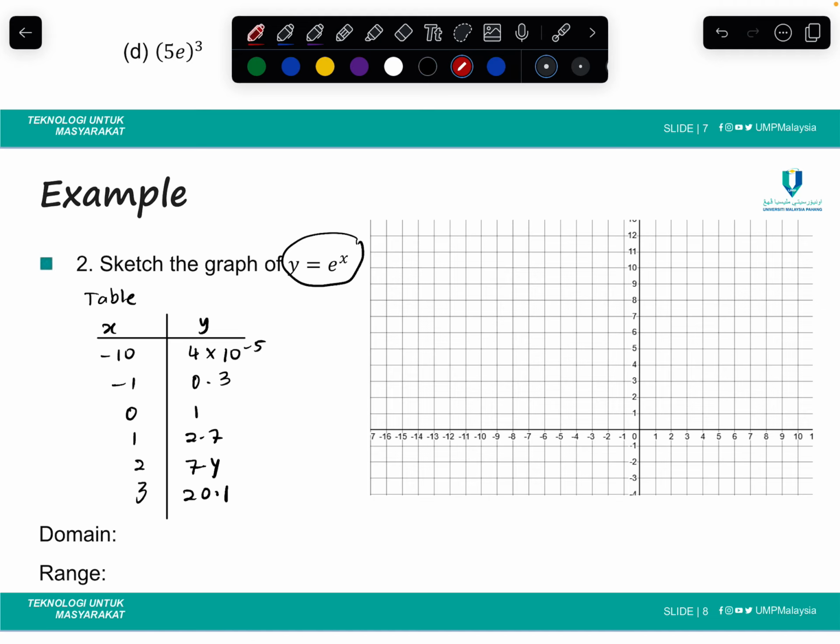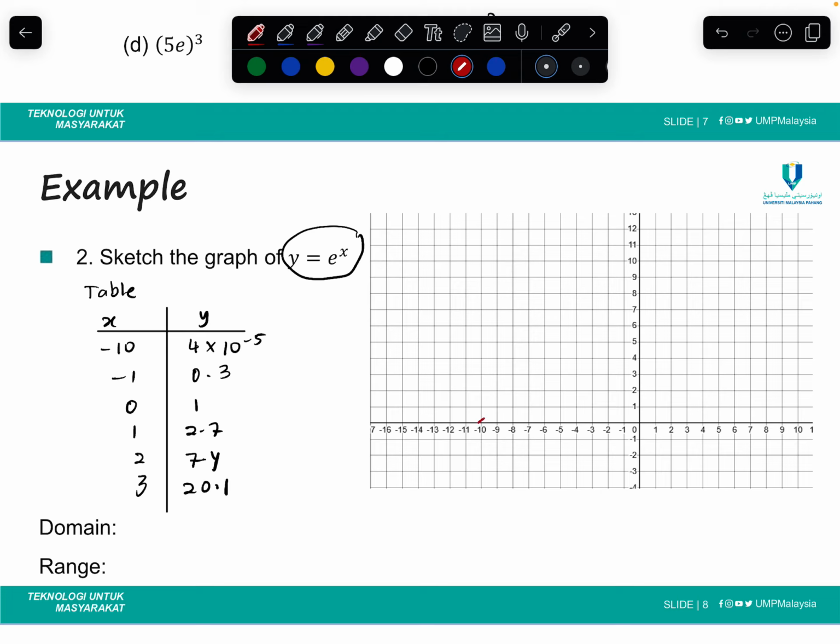So on the graph, you can plot. At minus 10, it's almost 0, a very small number. Minus 1 is 0.3, 0 is 1, 1 is 2.7, around here. 2 is 7.4, around here, and 3 is 20.1. It's not on the screen, so we know that the pattern is just increasing.